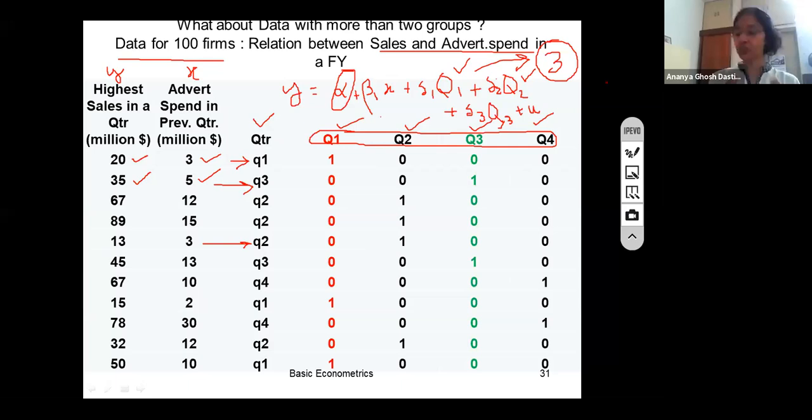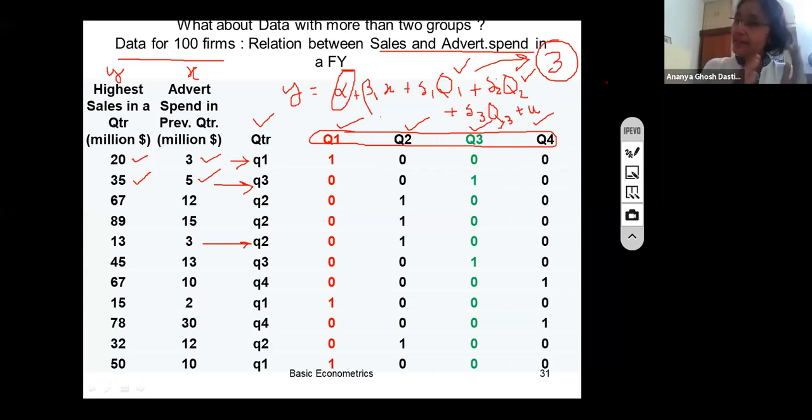If you have 2 groups, as in the previous case, male and female, I can generate 2 dummy variables, but I'll never use them together in my regression. I will only put in 1 in case my model has an intercept. Why is that? This is because of a problem called the dummy variable trap.